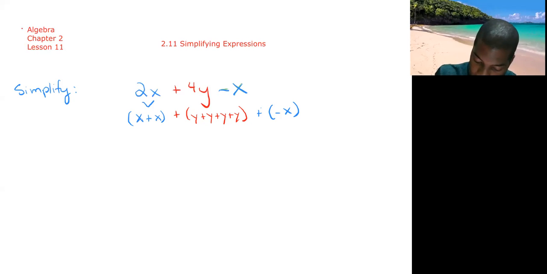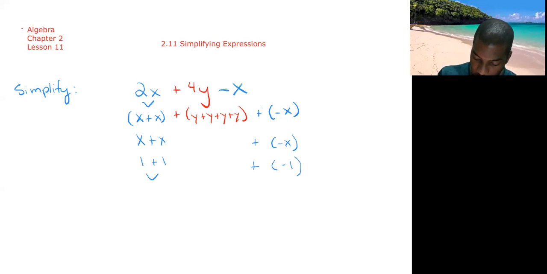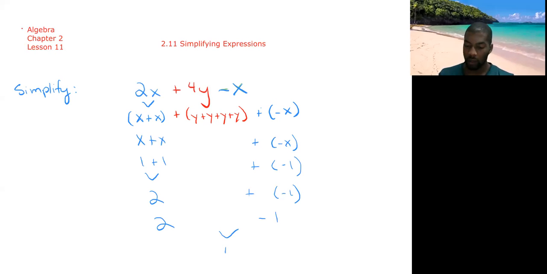Because I can say, what is x plus a negative x? Well, it's the same idea, right? If you had 1 plus 1 plus a negative 1, you would get 1 plus 1 is 2. 2 plus negative 1 is the same thing as saying 2 minus 1, which is 1.